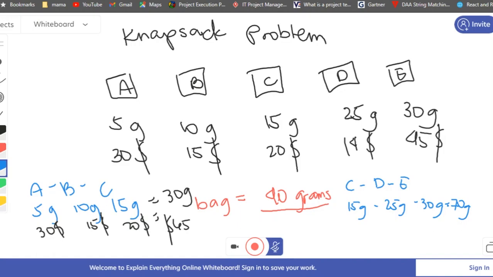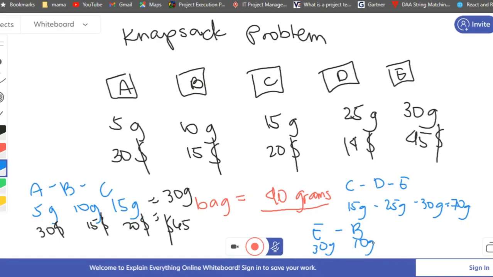So, pwede pa kayong mag-include ng other possibilities like, siguro, let's try item E, so 30 grams, and then item B, which is 10 grams. So, 30 grams and then 10 grams.